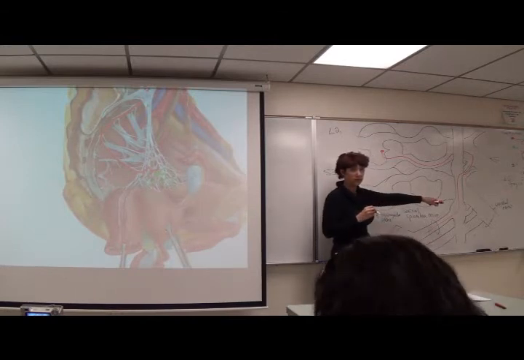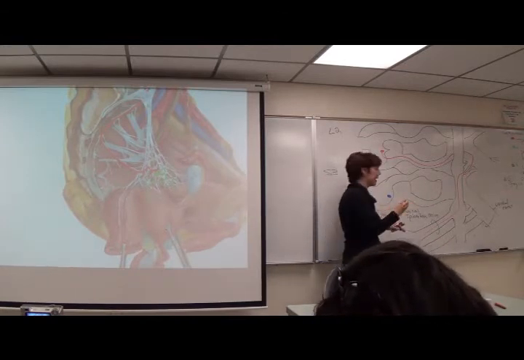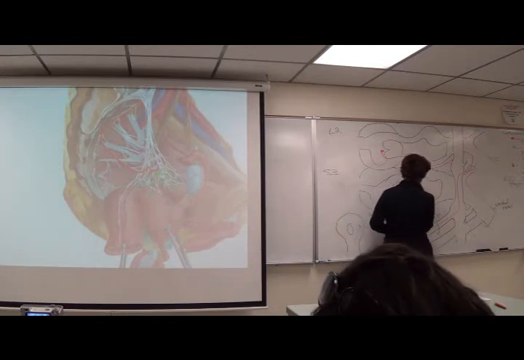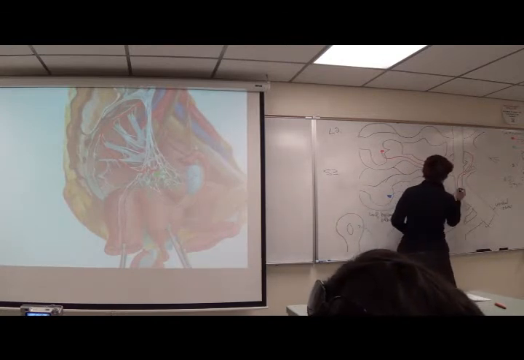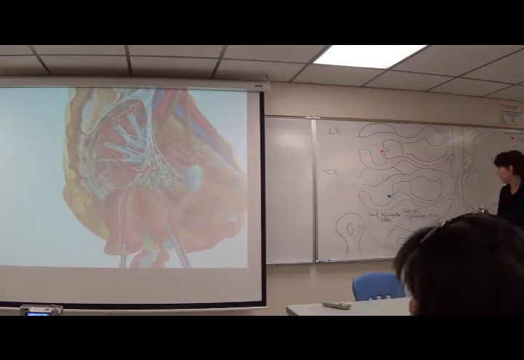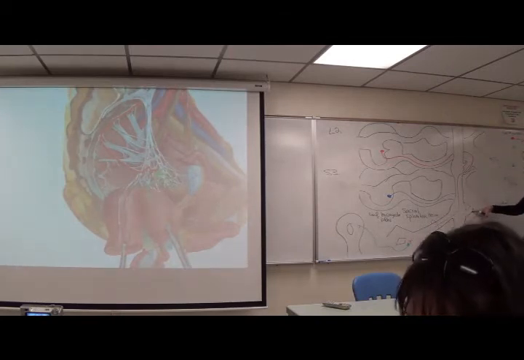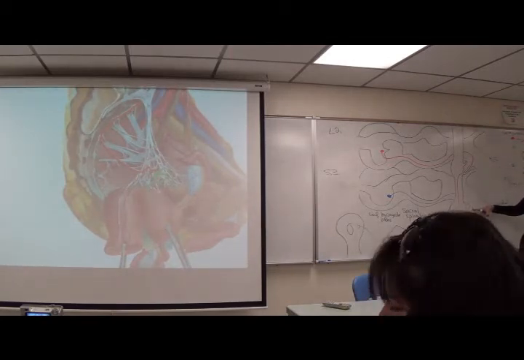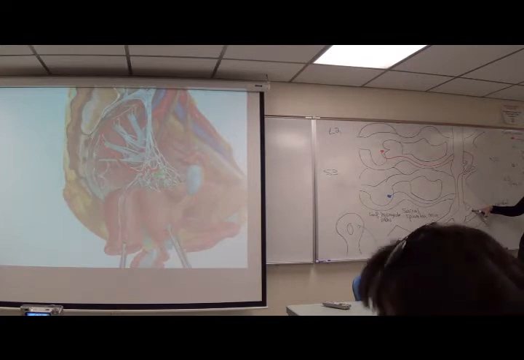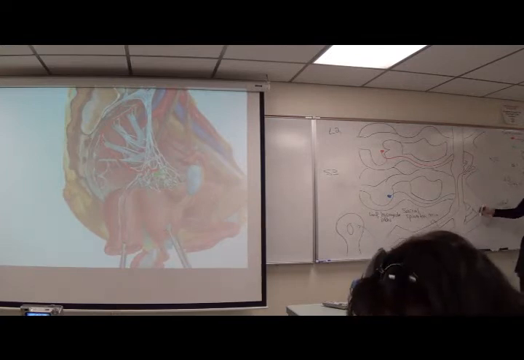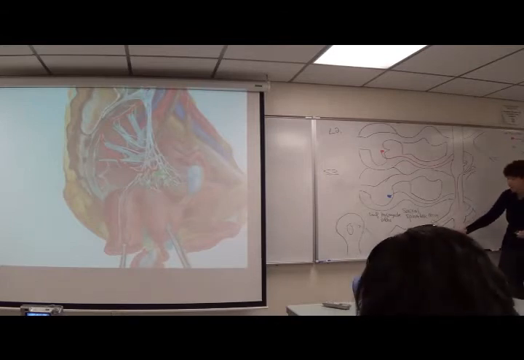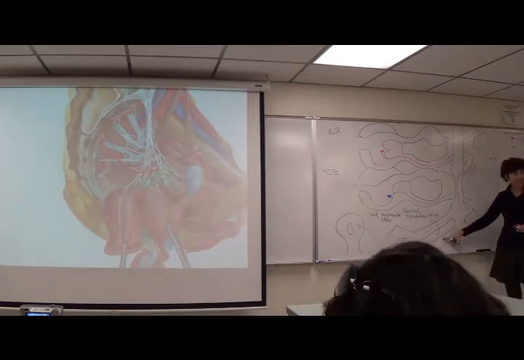It is still motor, so like I drew yesterday, it's going to pass out the ventral root into the ventral ramus. But it doesn't go into our gray ramus communicantes. Okay? As it leaves, it's going to form the pelvic splanchnic.